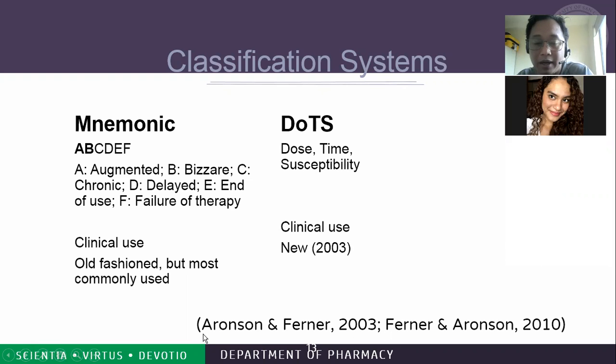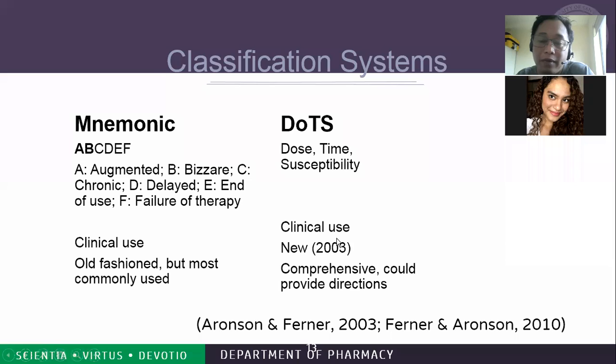It is proposed by Aronson and Ferner in 2003, and it is already used in the big book of side effects, Meyler's Side Effects of Drugs, because Mr. Aronson is actually the editor of that book. And this is comprehensive and could provide direction.